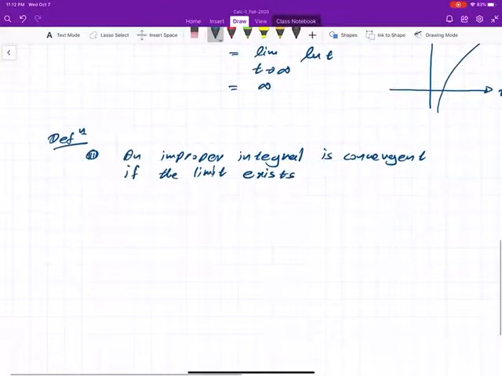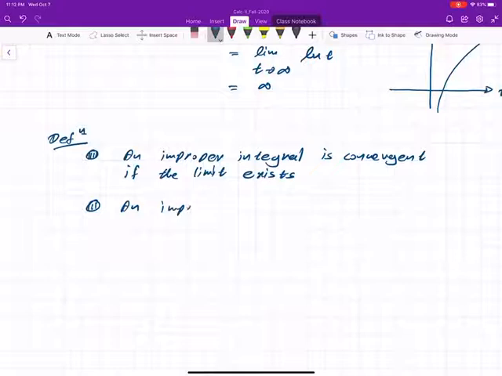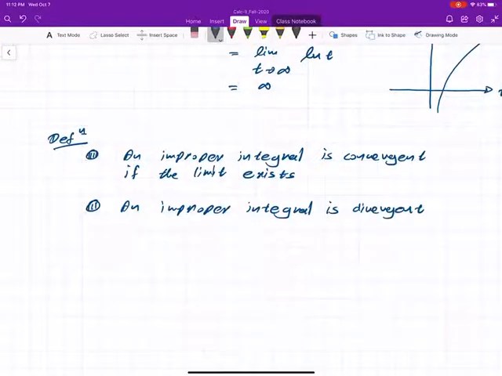Then the next definition: an improper integral is divergent if the limit doesn't exist.